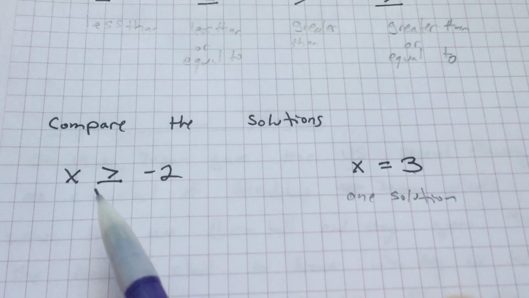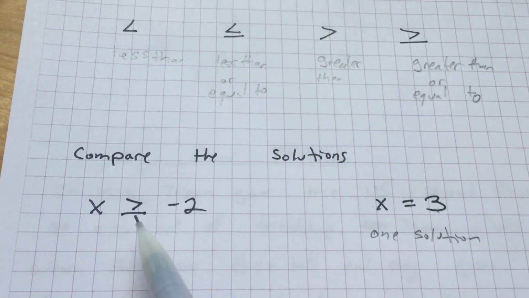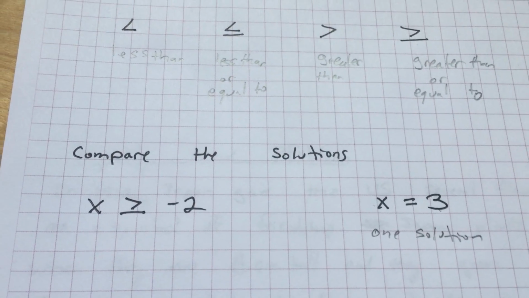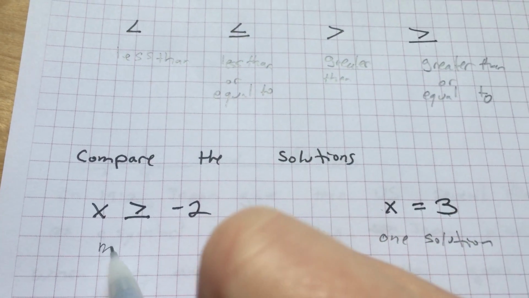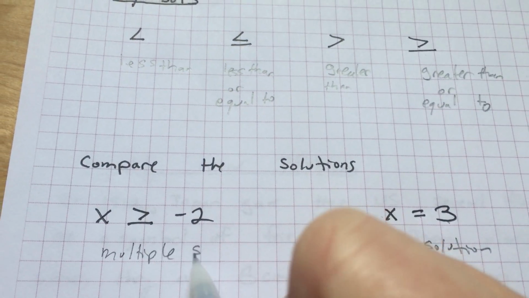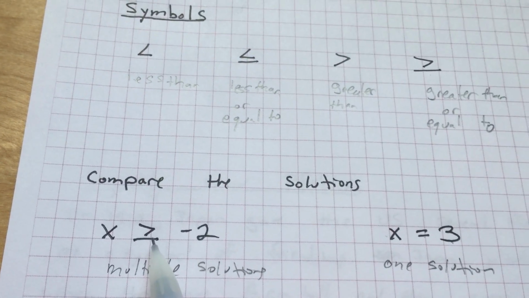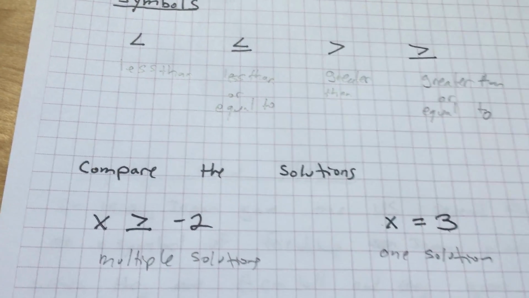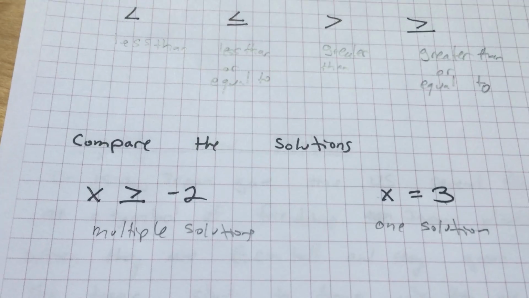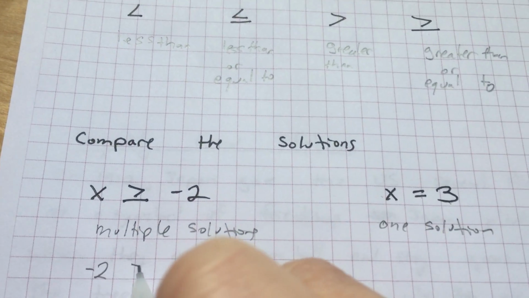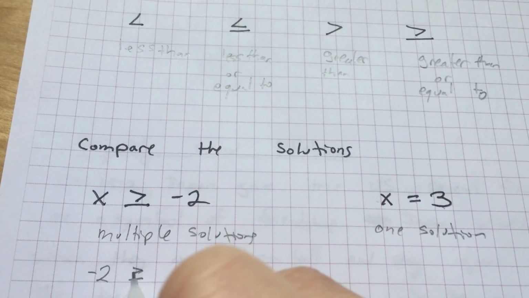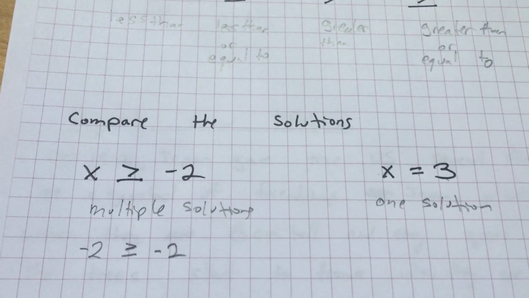But for this, when we see x is greater than or equal to negative 2, this is multiple solutions. This means that I can plug in any number and I can see if it is a true statement. For example, negative 2 might not be greater than itself, but it definitely is equal to itself.